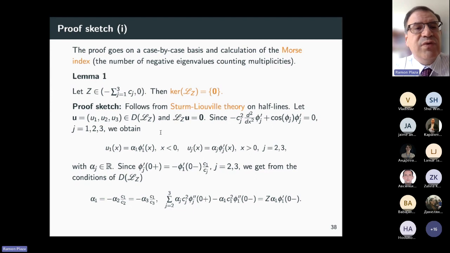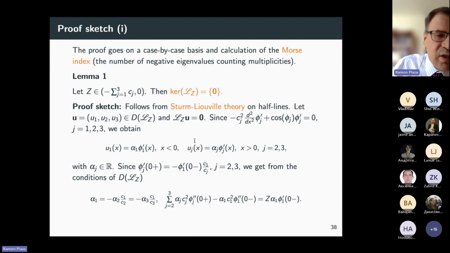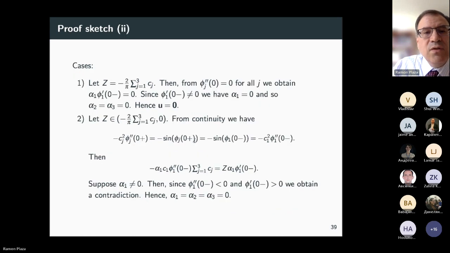So the first result is that for every Z under consideration, the kernel of LZ is actually 0. So this follows from Sturm-Liouville theory on half lines. So you can suppose that you have an element of the kernel, and then you prove that it has to be 0 by doing some calculations on a case-by-case basis.